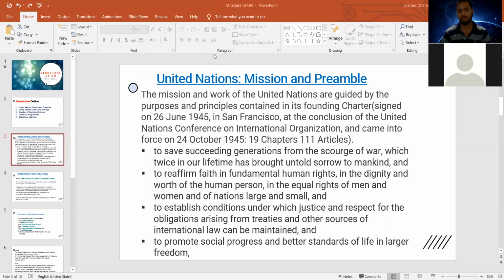The fourth purpose of the United Nations is to promote social progress and better standards of life in larger freedom. The fourth point of the United Nations Charter Preamble states that the United Nations was built for the promotion of social progress.